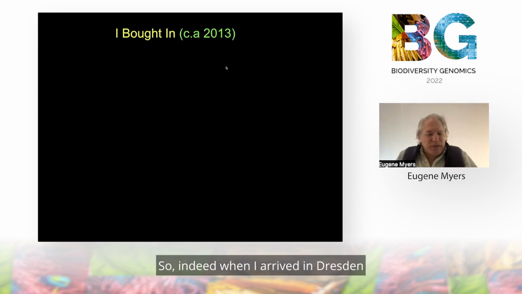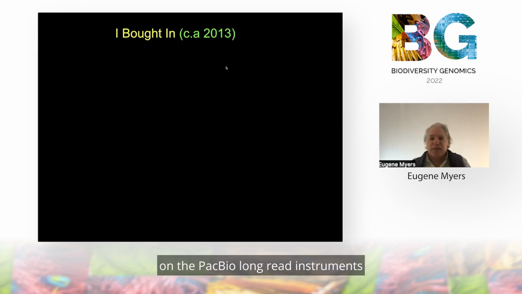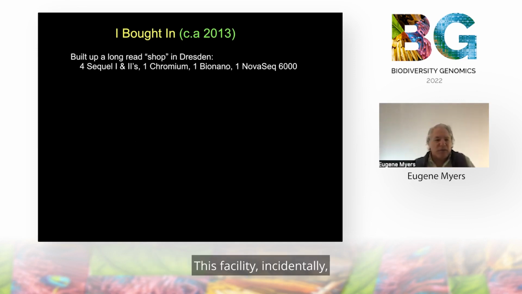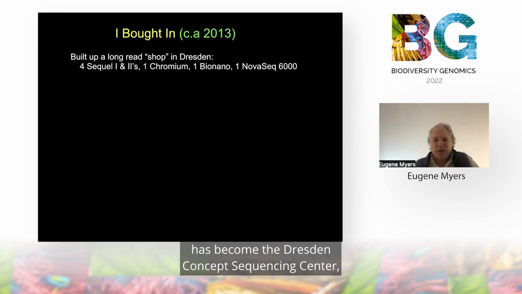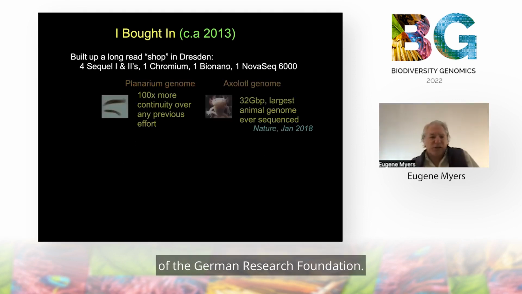So indeed, when I arrived in Dresden to start my lab there in 2012, 2013, I decided to buy in on the PacBio long read instruments and set up a long read shop in Dresden. This facility, incidentally, has become the Dresden Concept Sequencing Center, which is one of 4 German excellence centers of the German Research Foundation.